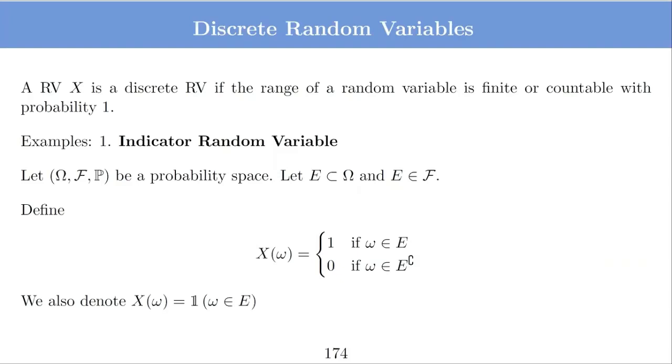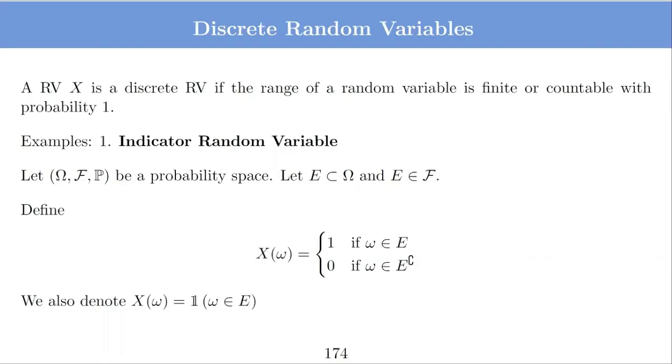It's a function of outcome. It just tells whether a particular outcome is in event E or not. So if you perform this random experiment, if E has occurred, the random variable will take value 1, and if E has not occurred, then the random variable will take value 0.